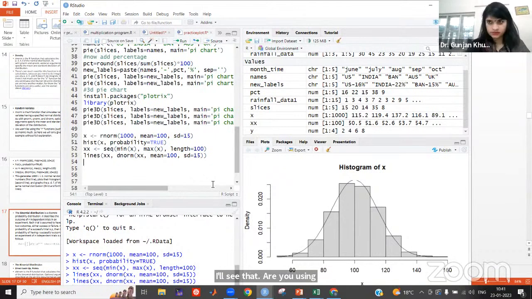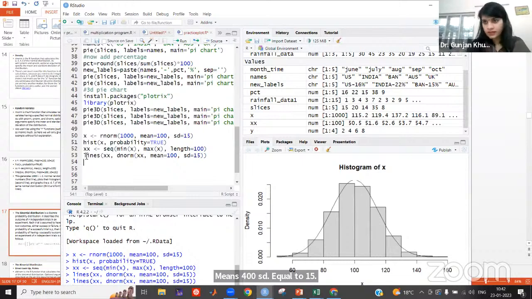Small x. Small x you're using throughout. Okay, you shared. Okay, nice. X is fine. Then XX is a sequence of min x, max x, length equal to 100. Fine. Then lines XX, dnorm, XX, mean equal to 100, SD equal to 15. Okay, then it's not coming. It should come.